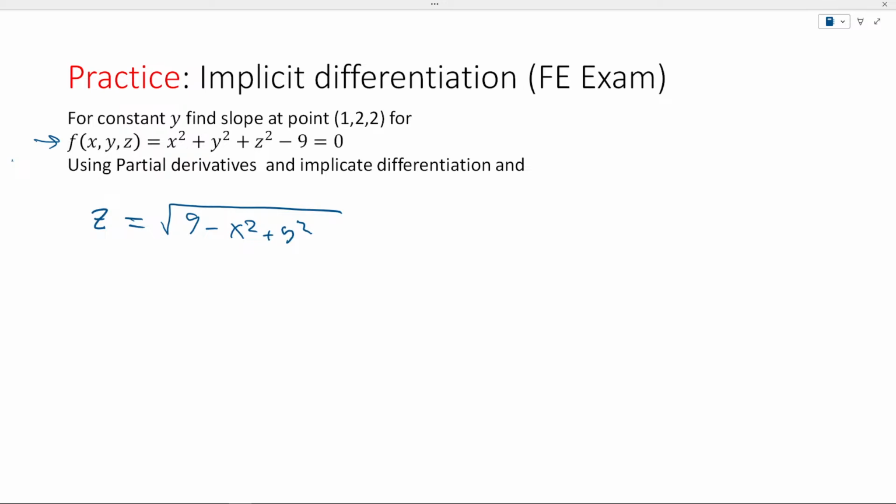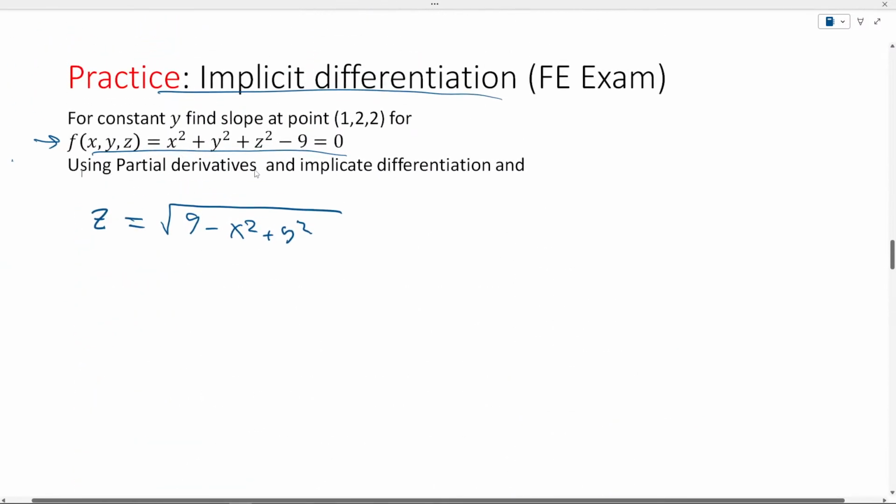But here, if you use implicit differentiation, that would be much easier. I will show you this when we do the tutorial in the practice problem, and again these tutorials are optional. So try to do it using partial derivatives, what we did before, and using implicit differentiation.